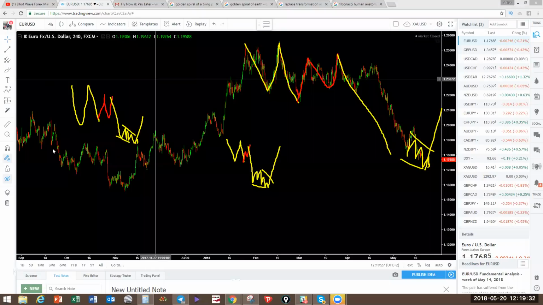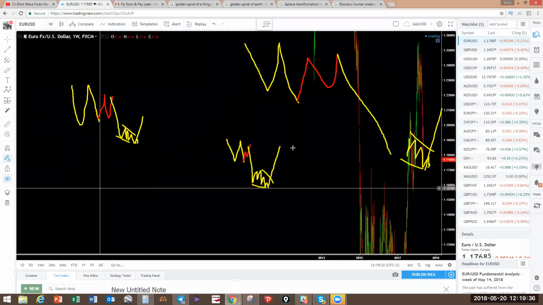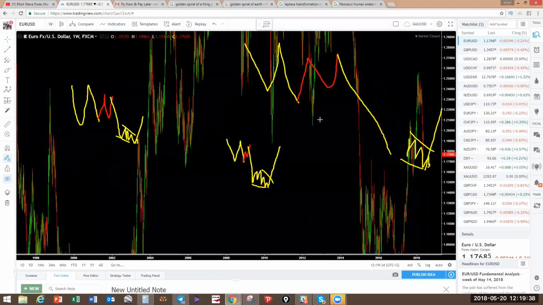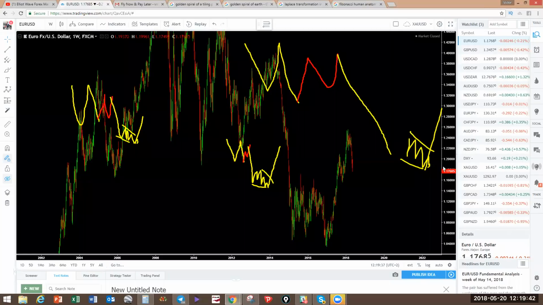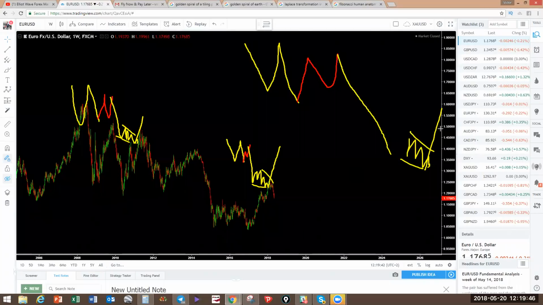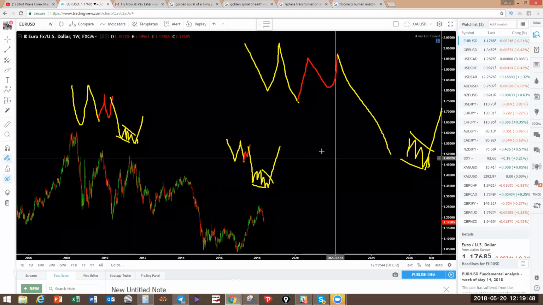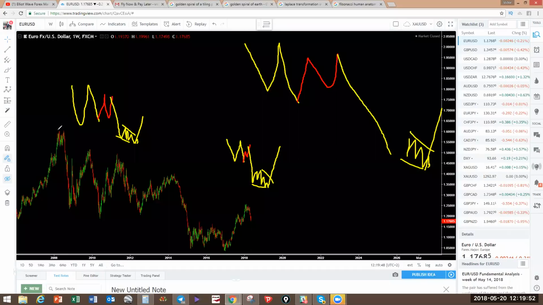If you look on the weekly, I showed this last week as well. So for the benefit of those who do not watch all the videos, look at what happened on the weekly. So on the weekly, I'm going to do it right here at the bottom. On the weekly, you get exactly the same scenario starting from 2008, 1, 2, 3. In this case, you get a 3-wave pullback like that.